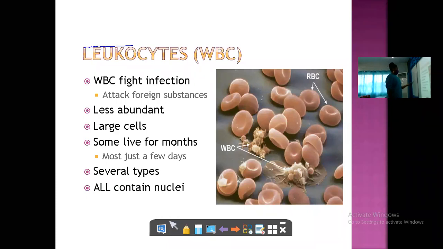They're less abundant and large, and they do not have a permanent shape; they have irregular shapes depending on the particular function that they carry out. Some live for months, some just a few days, and several types exist.